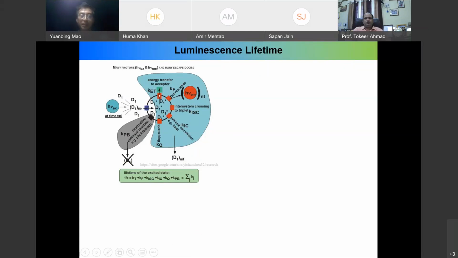I will talk a little bit about what acceptors are and what a host is. Then either it will give luminescence out, or it will go through intersystem crossing, as I mentioned earlier. And then there will be internal conversion, for example to heat. This heat is related to the efficiency of the phosphor.